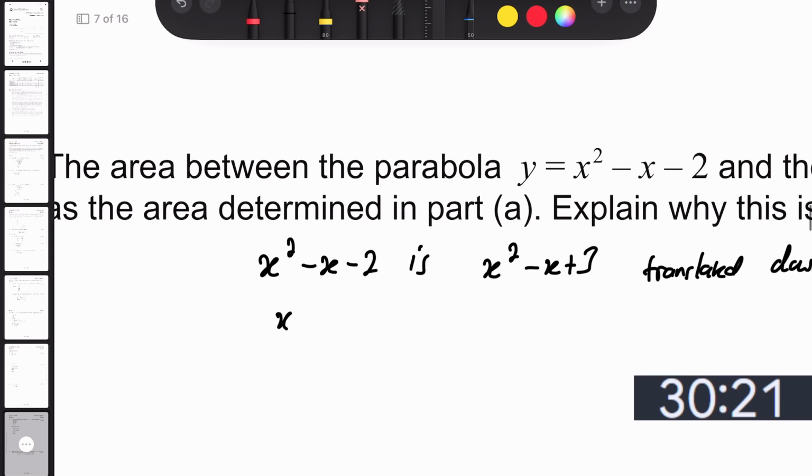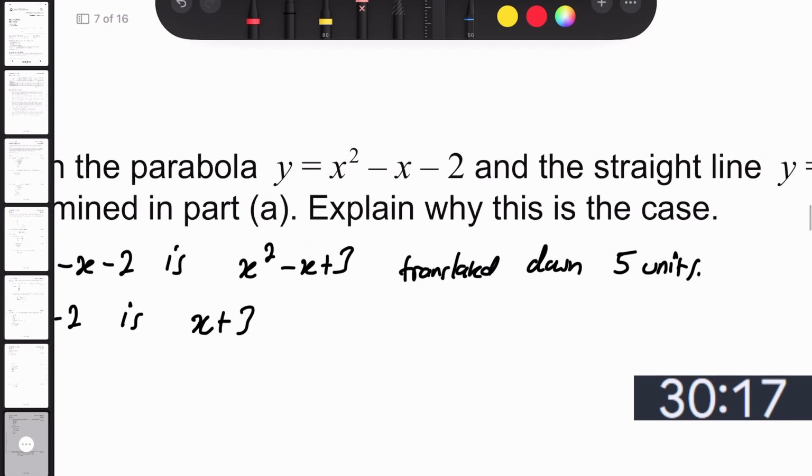And then x minus 2 is x plus 3 translated down 5 units.